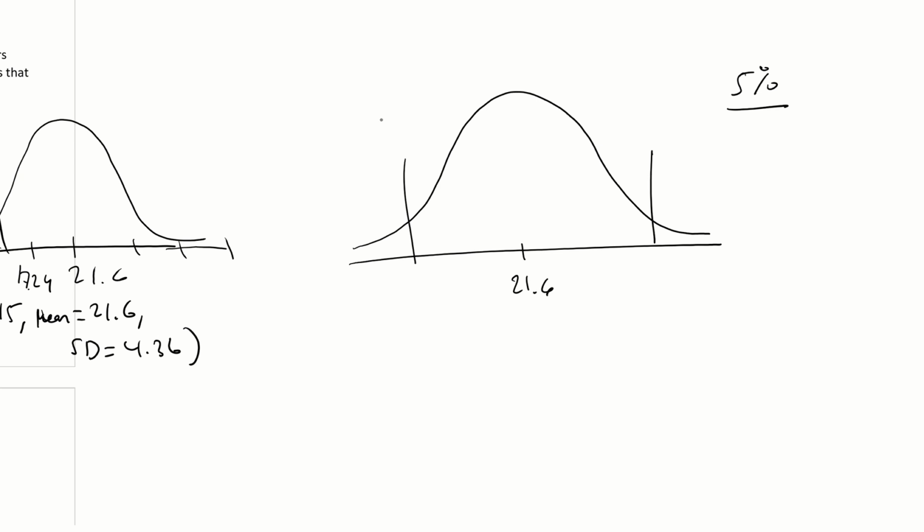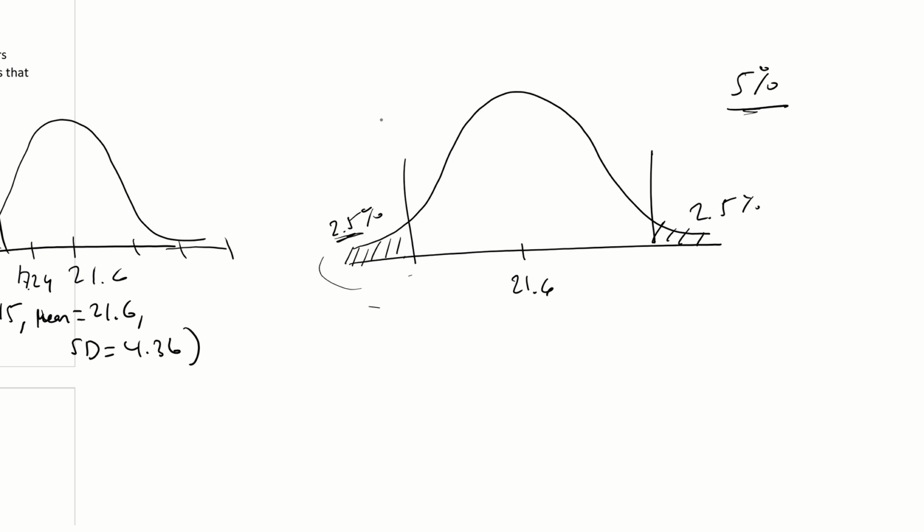And so we would split the difference and say 2.5% is on each tail. So if we are extreme in this direction and the probability is less than 2.5%, rather than the full 5%, then we would say it's too extreme.